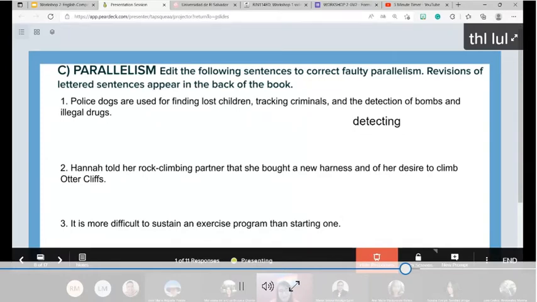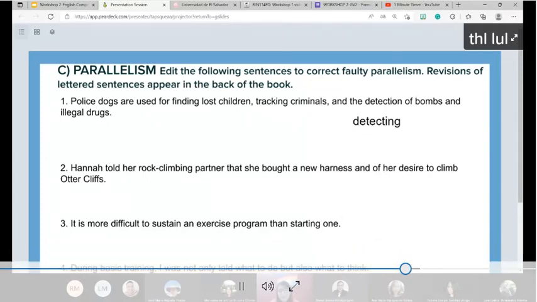Hannah told her rock climbing partner that she bought a new harness, but she also mentioned something else, her desire to climb other cliff. So she wanted to do something. What does she want to do? Climb.